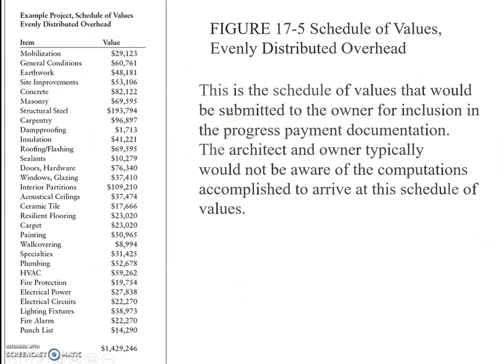The next figure, 17.5, is the schedule of values that would be submitted to the owner for inclusion in the progress payment documentation. So the architect and the owner typically would not be aware of the computations accomplished to arrive at this schedule of values.